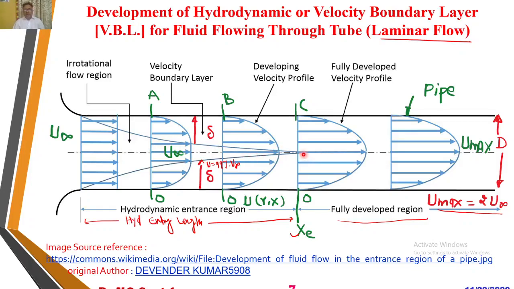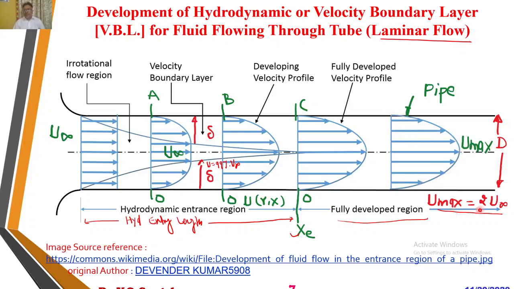Similarly, the region beyond the hydrodynamic entry length is called as fully developed region because in this case the velocity profile has fully developed and it does not change as we move away in the x direction, and the velocity profile shape is parabolic. The velocity of the fluid is maximum at the center line and 0 at the top surface and bottom surface and varies from maximum to 0 in between.